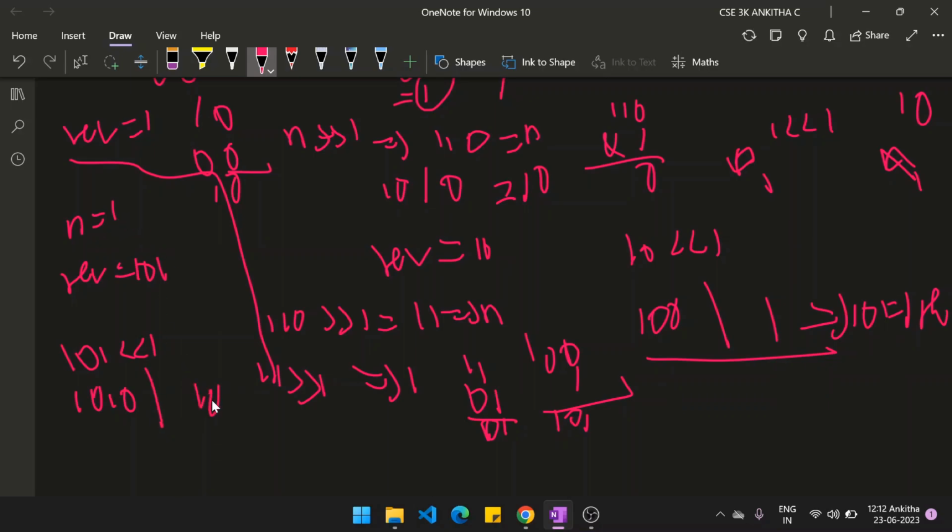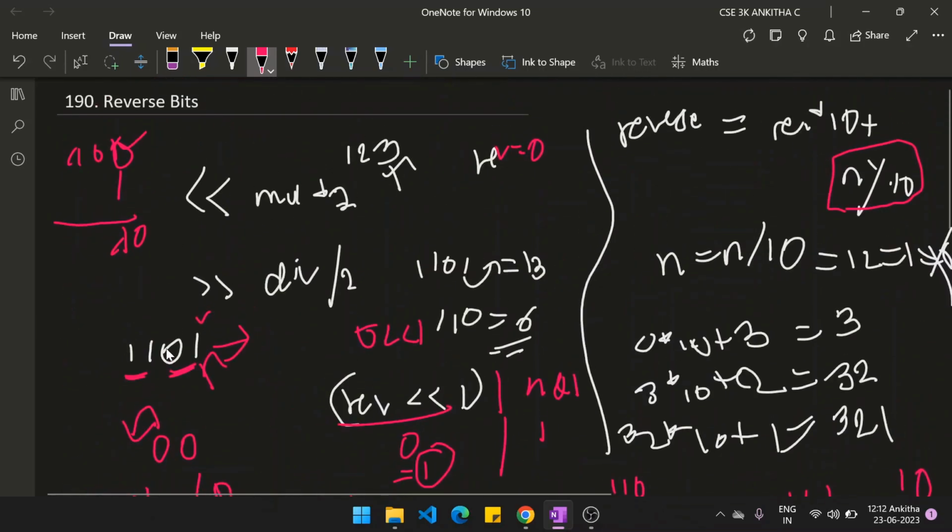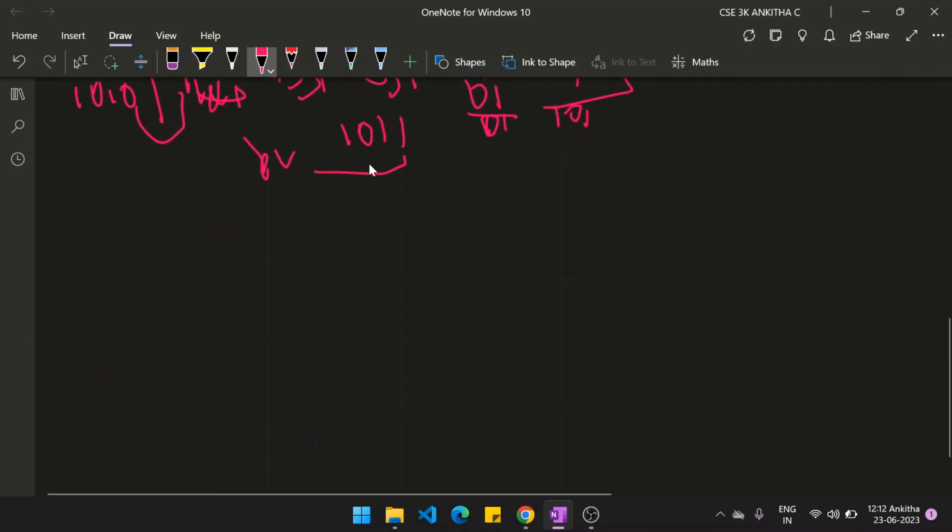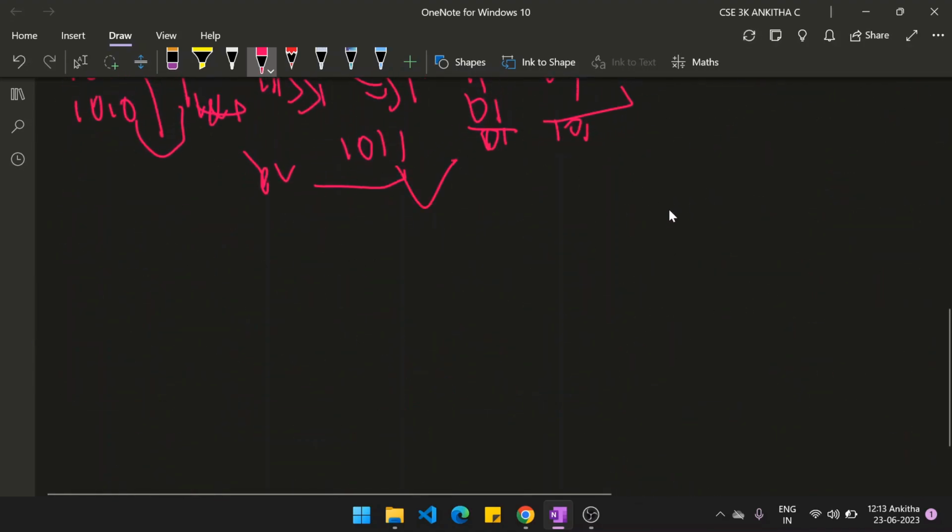So 1 and 1 will give you 1 only. So if you do OR operation here, 0 or 1 will be 1. Next all remains the same because it's an OR operation. So now you could see the reverse integer is 1011. Our initial number was 1101. We have got the reverse as the answer. You solve the problem.